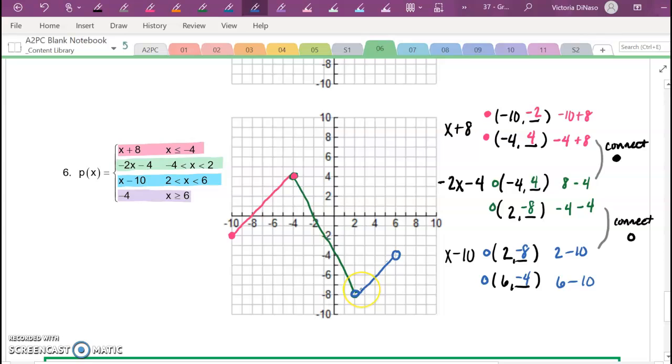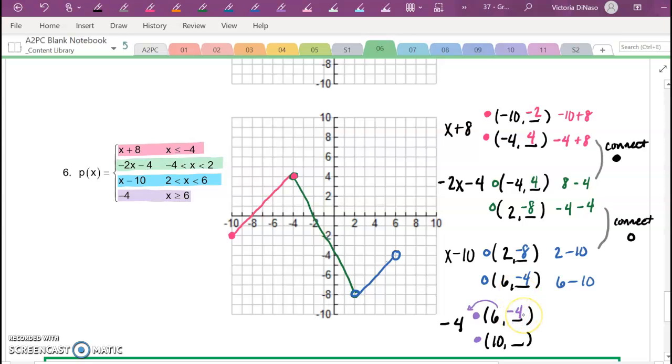And then connect. Finally, we're ending with a line at negative 4. For this line, we're starting at 6 and ending at 10. At 6, we're going to put a closed circle, and at 10, we're going to put a closed circle. Now when I plug in the 6 and negative 4, there's no x to plug in, so it's just negative 4.